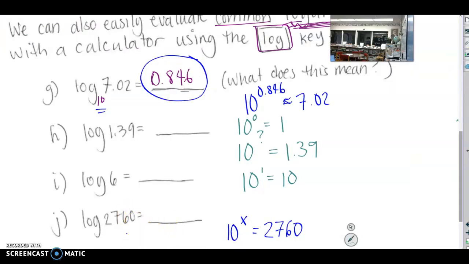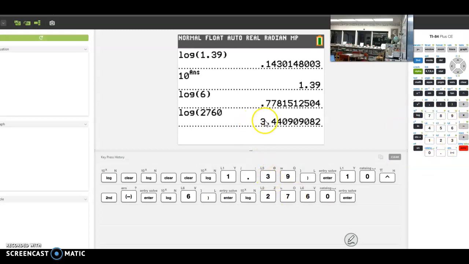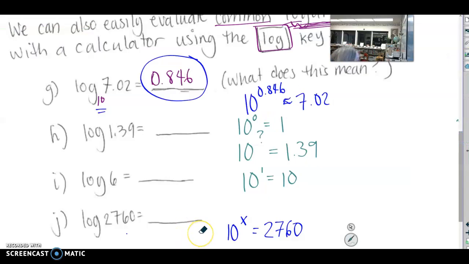And the last one, log of 2,760 is equal to, I don't have to actually end the parenthesis on my calculator, you might have to on yours, 3.44 roughly. So again, what that answer is telling me is 10 to the 3.44 power is equal to approximately 2,760.